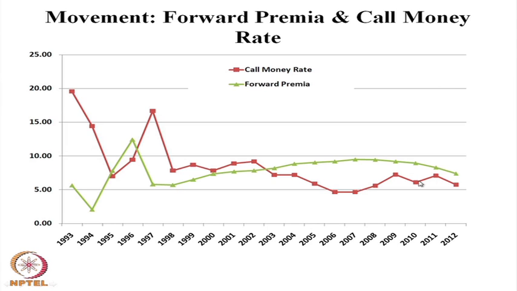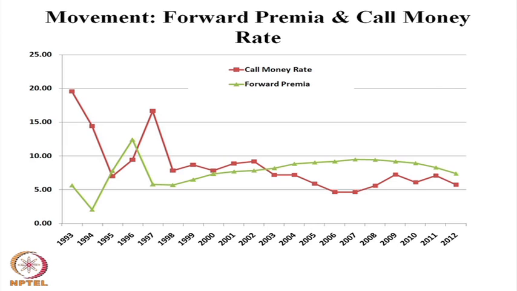Suppose there are discrepancies between the Indian rupee and the dollar, with differences between the dollar interest rate and the Indian interest rate. Then somebody might take a loan from the US market in dollars and convert it into Indian rupees, taking advantage of the high interest rate in India.